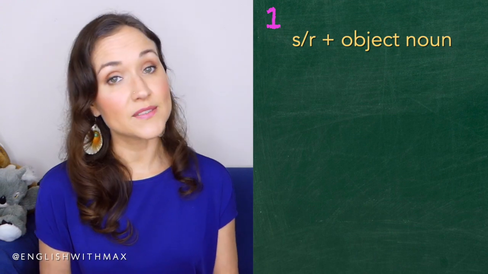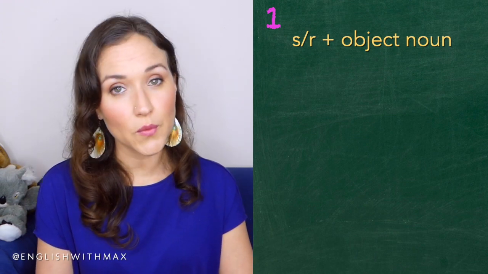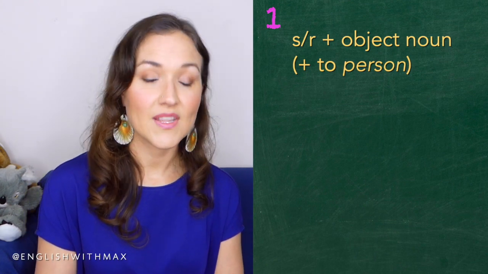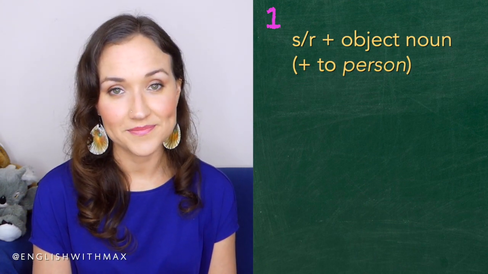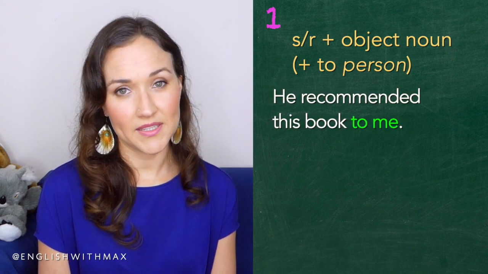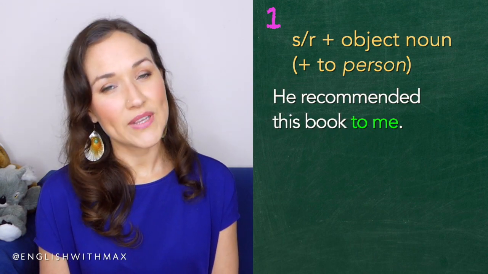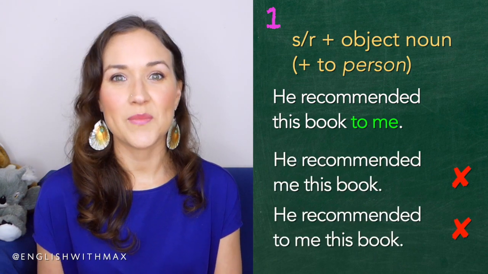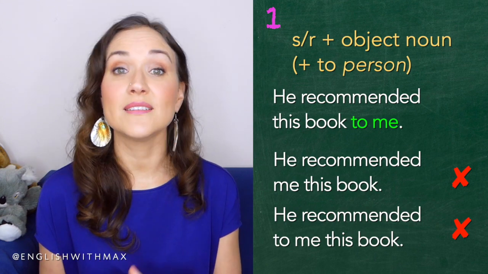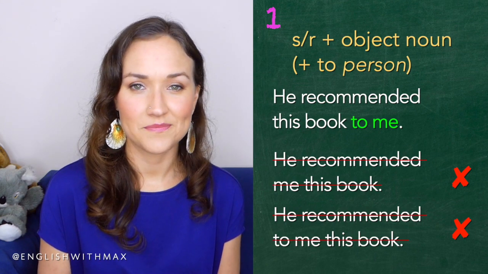If you want to specify whom the suggestion is for, you can put to plus the person after the object noun. For example, he recommended this book to me. You cannot say, he recommended me this book, or he recommended to me this book.